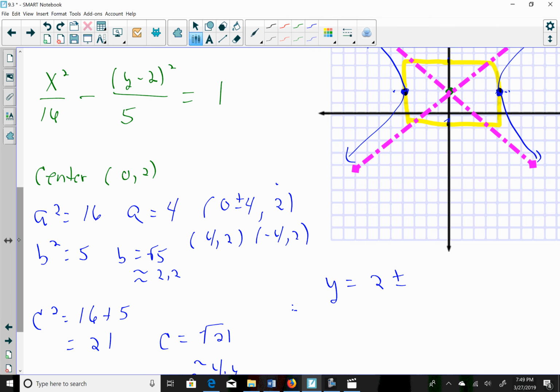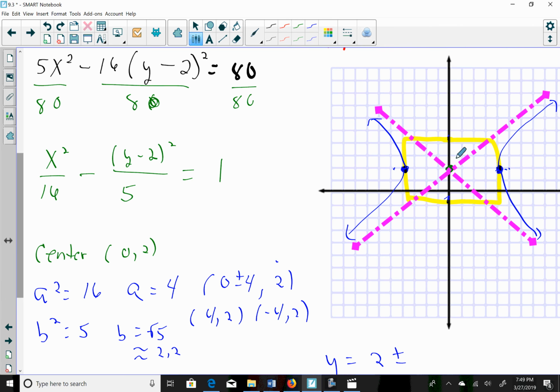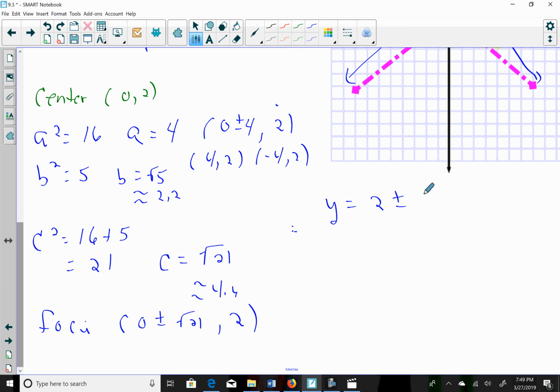In this case, my slope is my rise, which is this number here, which is b, so that's going to be the square root of 5, over my run, which is 4. So my slope is the square root of 5 over 4 times x minus the h. So my final answer is y is equal to 2 plus or minus the square root of 5/4 times x.